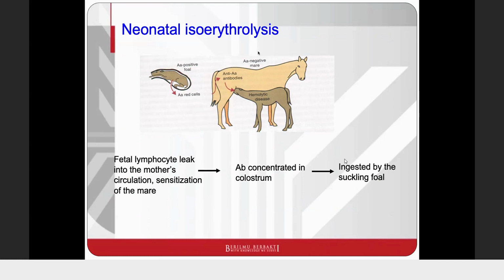let's say the first foal is AA positive. During parturition, some amount of fetal lymphocytes leak into the mare's circulation, which will sensitize the mare. So the mare will produce anti-AA antibodies.